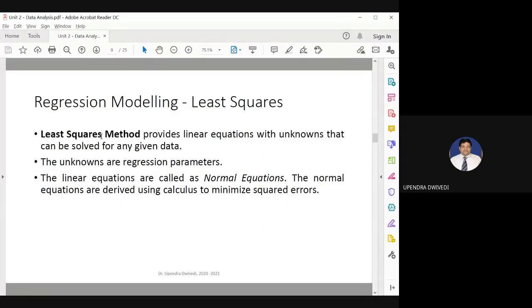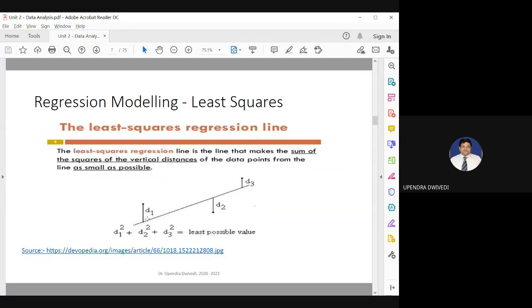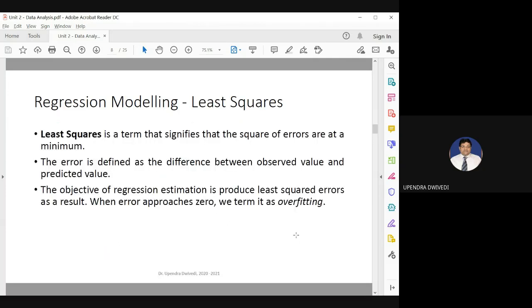So the least square method provides linear equations with unknowns that can be solved for any given data. Suppose you are predicting personal expenses based on some factors, such as number of members, income, and so on.